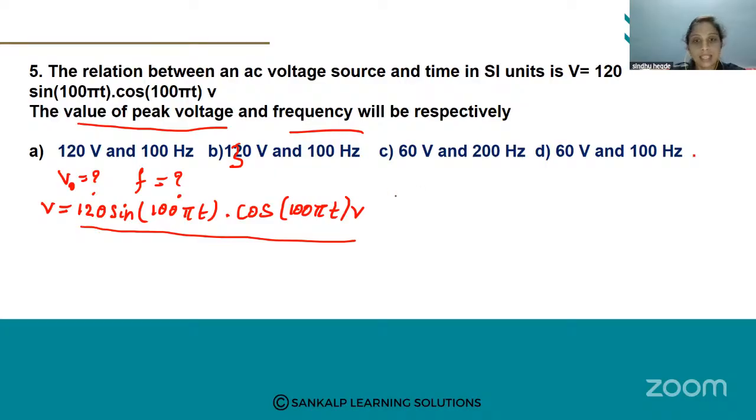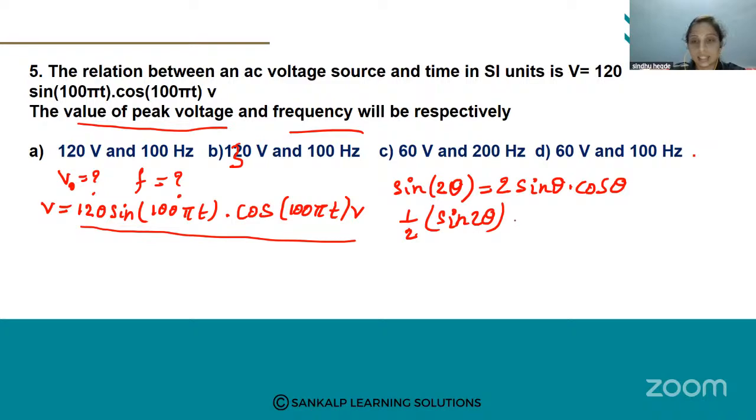We know that in math, what is the formula for sin 2θ? Sin 2θ is nothing but 2 sin θ cos θ, or 1/2 sin 2θ is equal to sin θ cos θ.